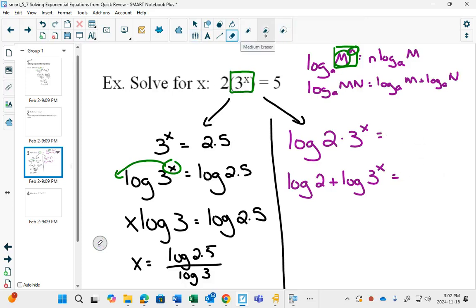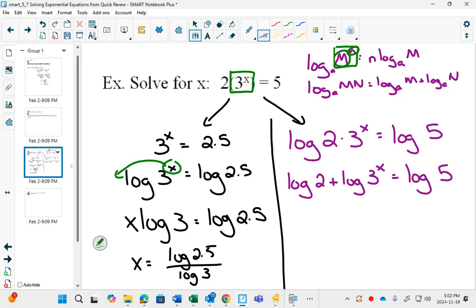Took the log on both sides and didn't write the log on the other side. There we go. Right. So we'd add first, and now this x, I'm allowed to use that log law and bring it out in front. So I would have log of 2 plus x log of 3 equals log of 5.